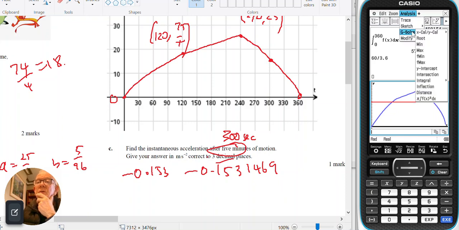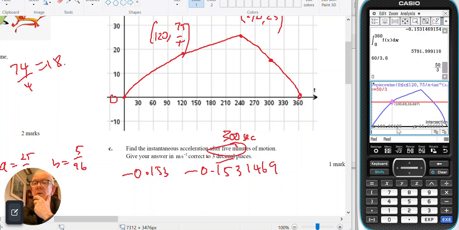So analysis, G-solve intersection. My first time is at 100.691. And my second time is at 300. So it's going to be above 300 minus 100.691.